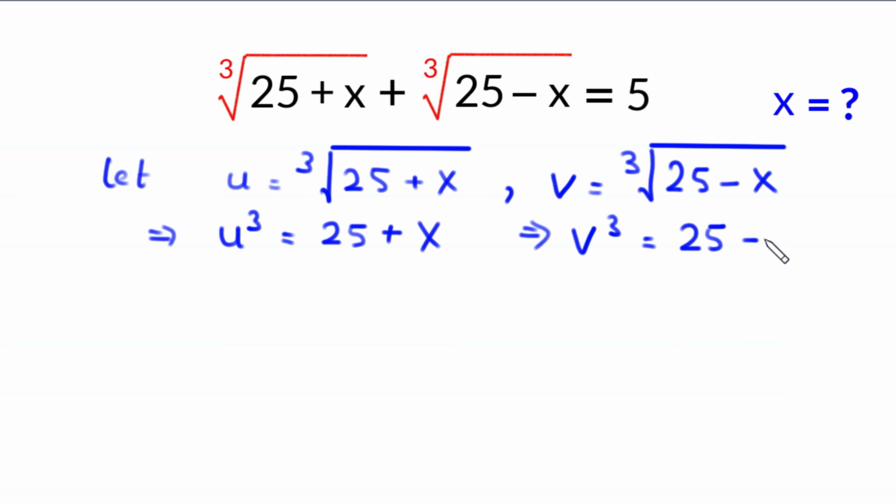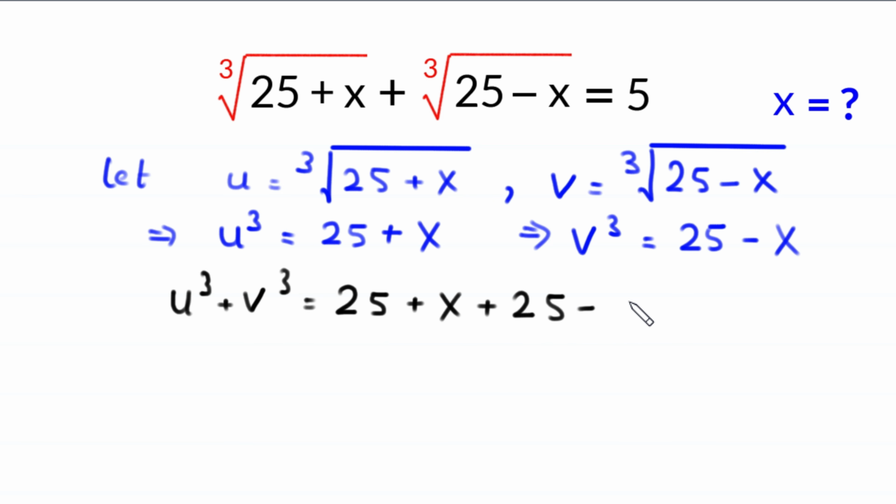If we add these two equations, this will become u cubed plus v cubed equal to 25 plus x plus 25 minus x.